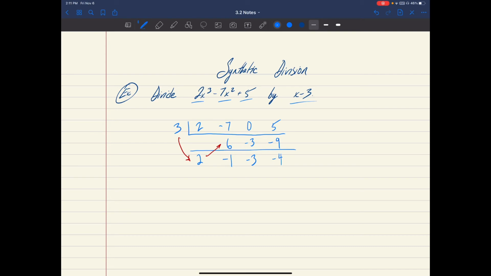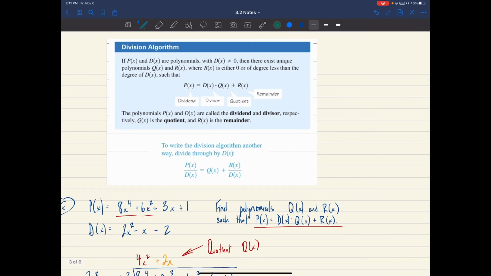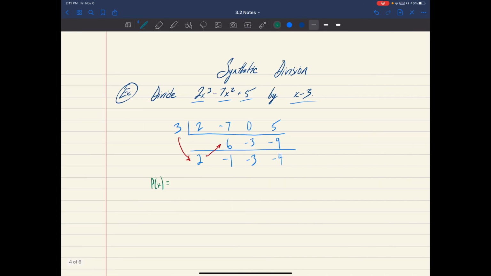Okay, so the way that we wrote out the last example, we're going to do that again. So this would be, I'll write this differently. So P of x equals, let me make sure I got that form right, the divisor times the quotient.